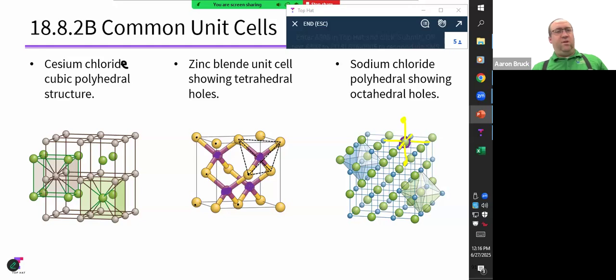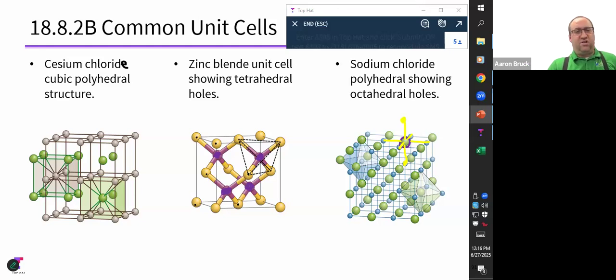So with the cesium, we get the cubic structure, which kind of resembles body center. With the sodium chloride, we see a different kind. We see something that's more face-centered looking, but all of those different octahedral holes being exhibited.